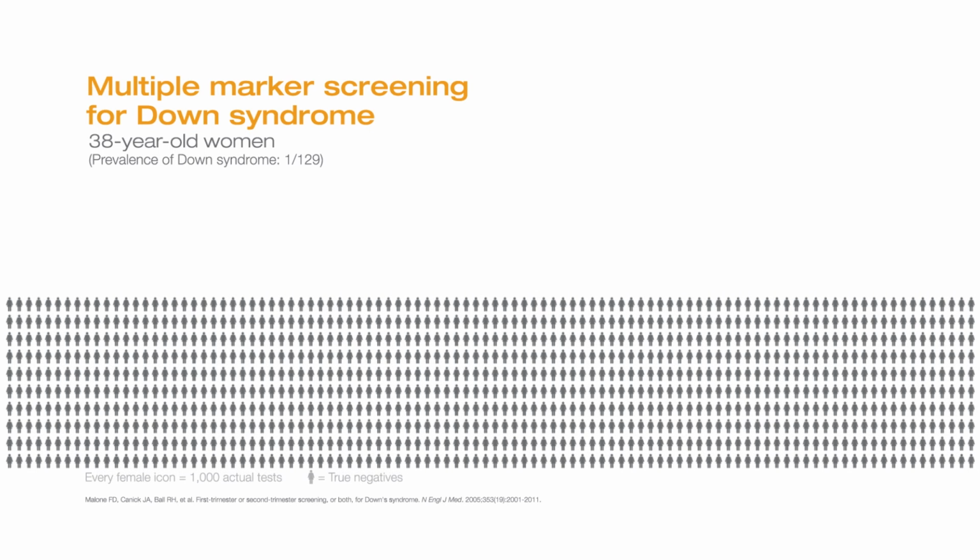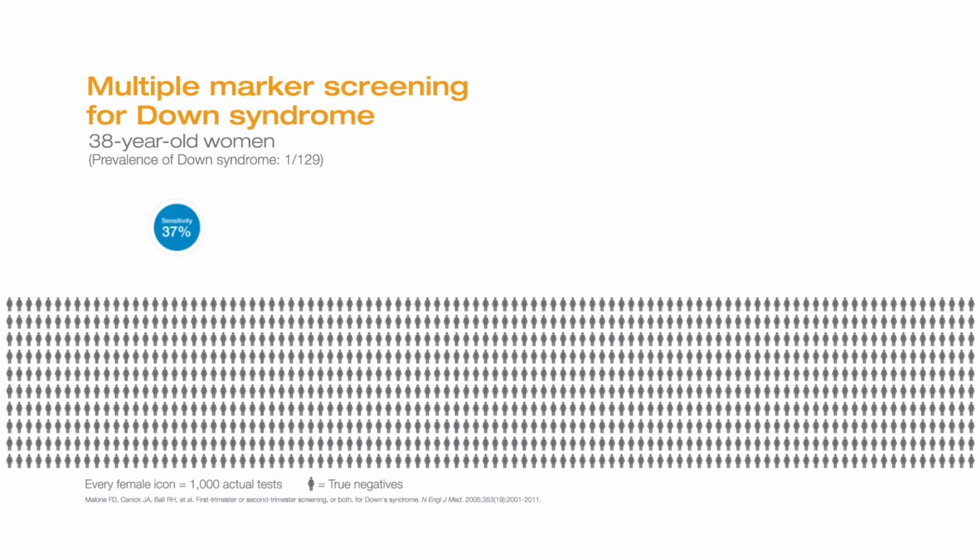Now that we've learned about these statistical principles, let's apply them to some real-life scenarios to assist us in interpreting test results. I've created a population here of 38-year-old women. In this population, we assume a rate of Down syndrome of 1 in 129 pregnancies. In this group, we're performing multiple marker screening or mid-trimester quad screening.